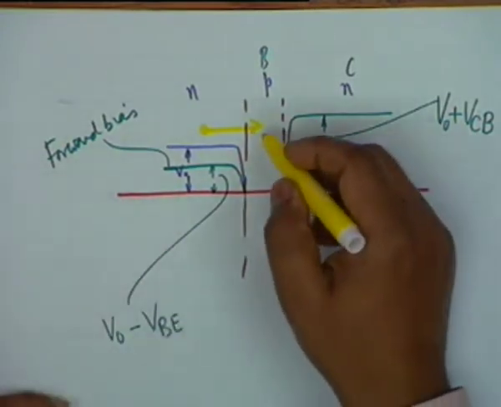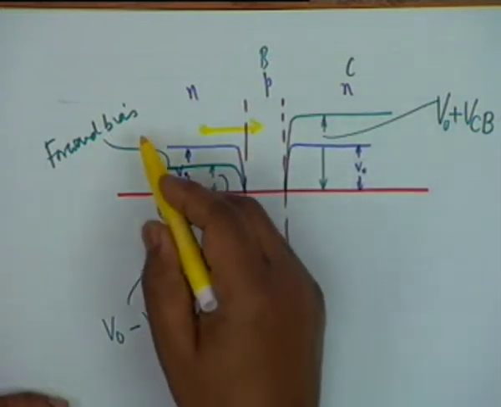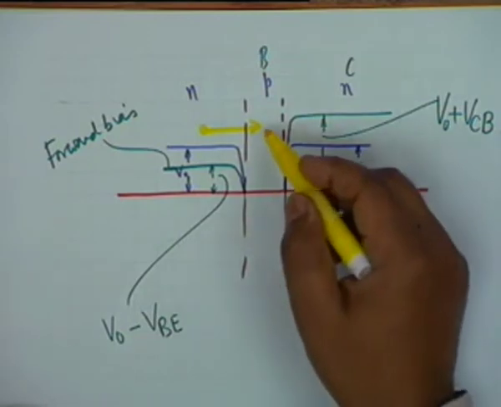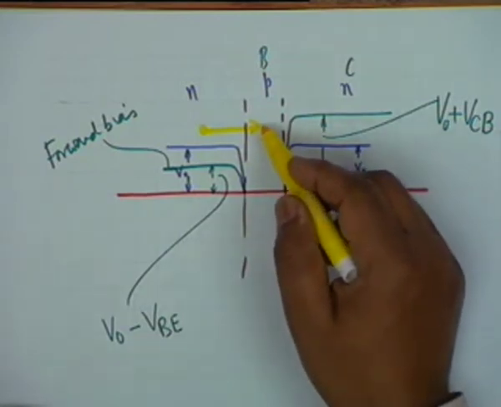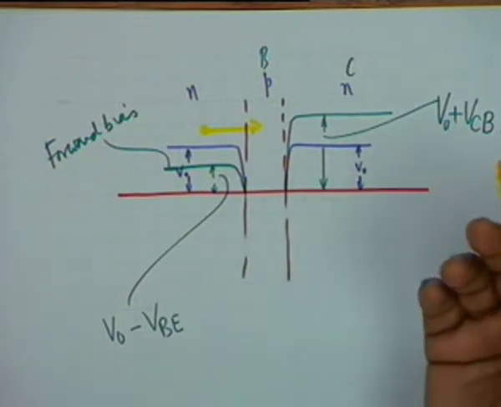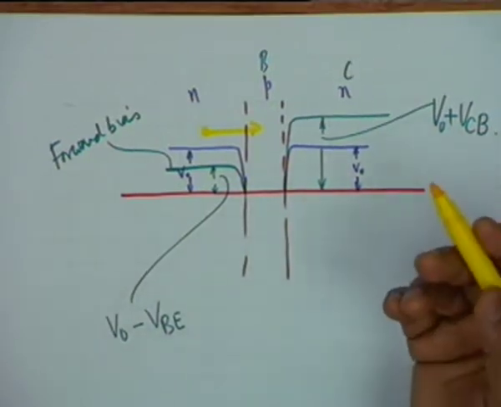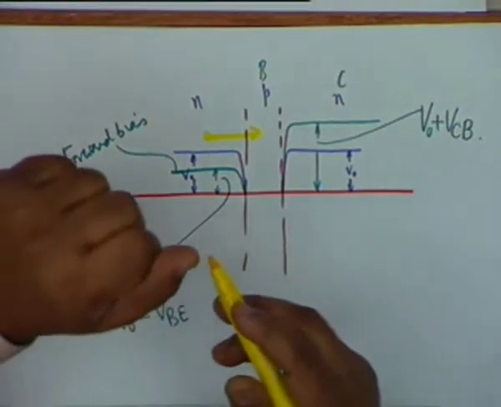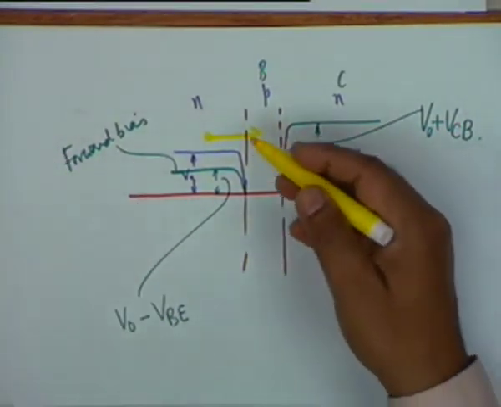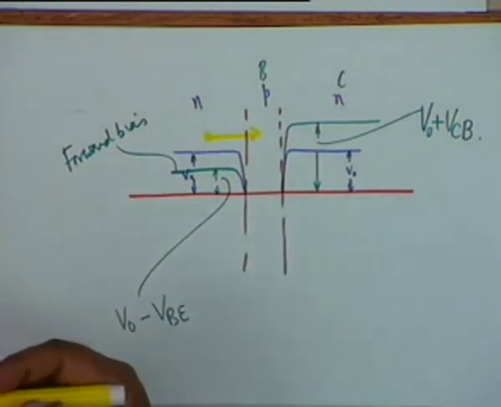But here the battery is between the n type and the p type, and normally this electron, when it enters the p type region, holes are available and they should have recombined with the holes, which means that they would simply pass on to the battery.